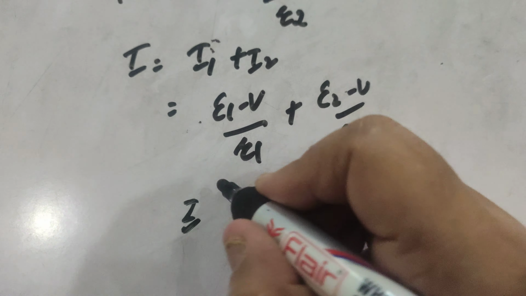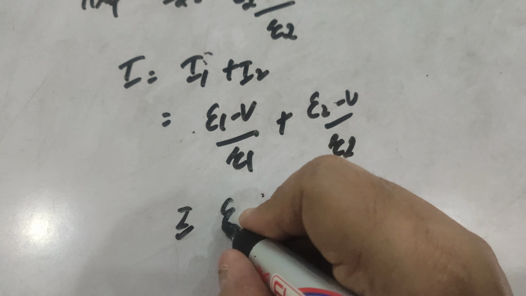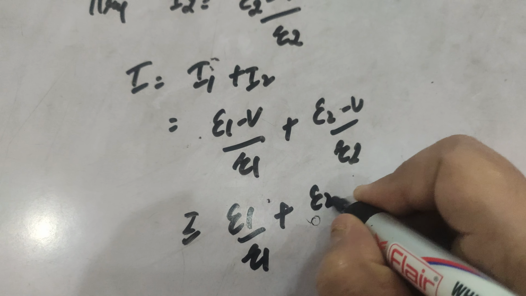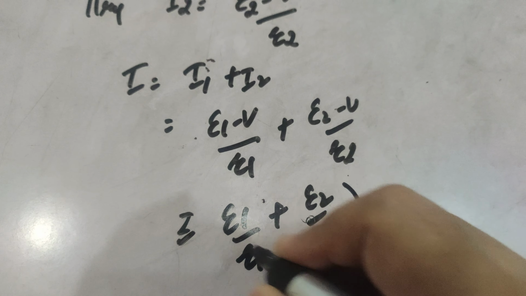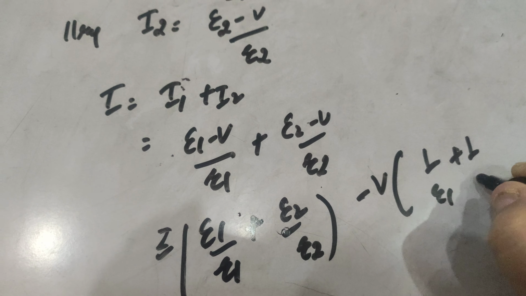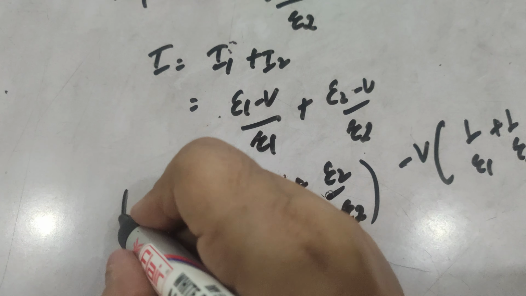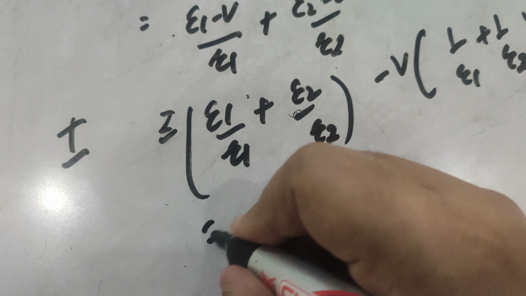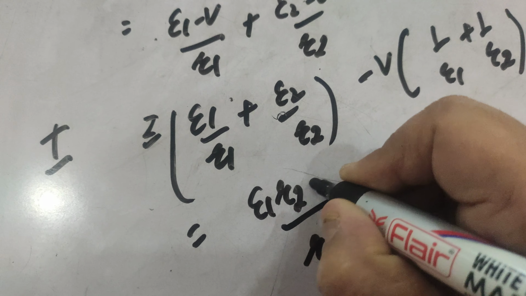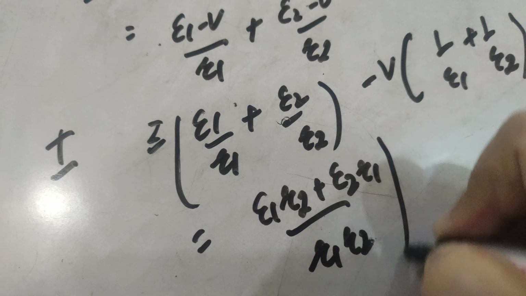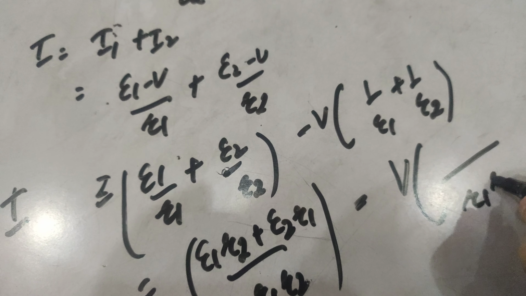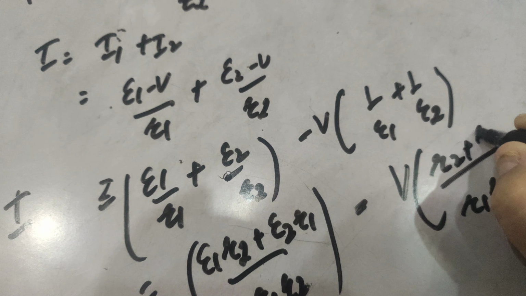So taking E1 and R1 terms separately, E1 upon R1 plus E2 upon R2 minus V times (1 upon R1 plus 1 upon R2) is equal to I. Now taking the LCM, this becomes (E1 R2 plus E2 R1) upon R1 R2 minus V times (R2 plus R1) upon R1 R2.